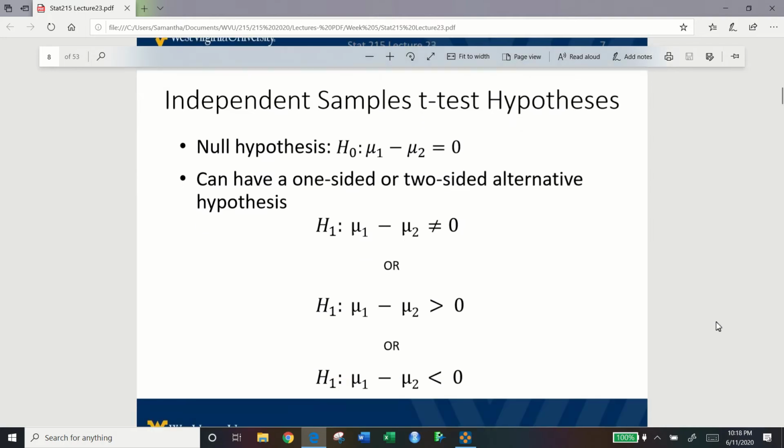Our alternative hypothesis is one of three options. First, we could have the two-sided alternative, which is mu1 minus mu2 does not equal 0. Or we could have either of the two one-sided tests, that is, mu1 minus mu2 is greater than 0, or mu1 minus mu2 is less than 0.